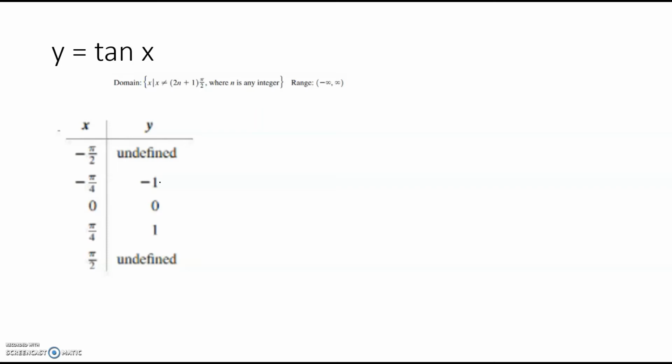So whenever we get ready to do the inverse tangent, I'm going to write y equal inverse tangent of x. We want to switch the domain and range, but we end up having to fix our range, just like with the sine and the cosine, we end up having a restricted range.